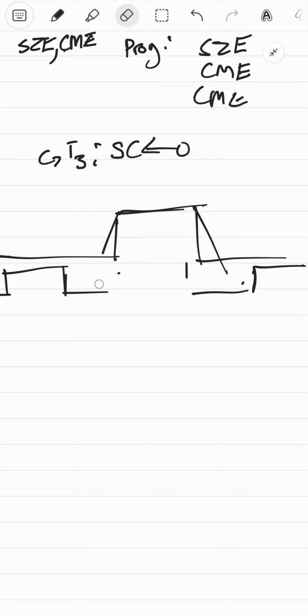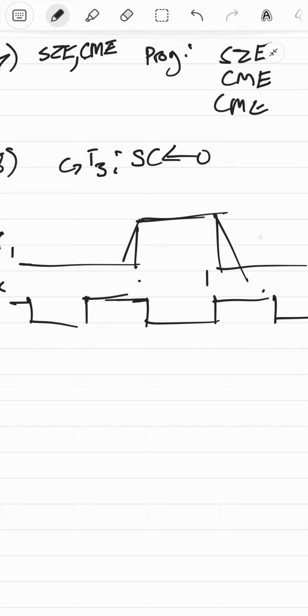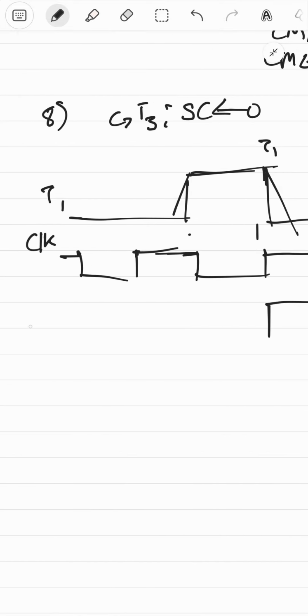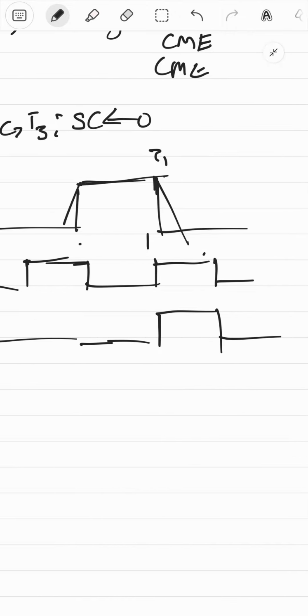This has to be positive. So it's supposed to be like this. Right, this is your clock. So this point is basically the transition associated with T1. And so at this point you should have C7 being high. So after this point your C7 is high. This is really bad.